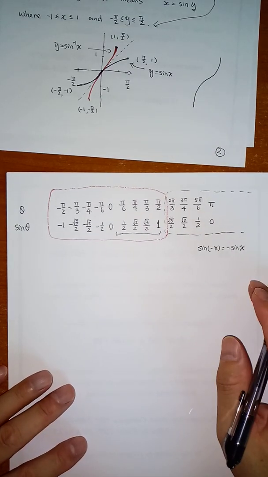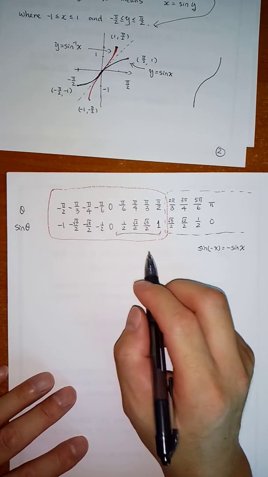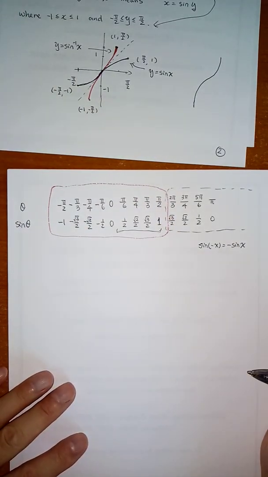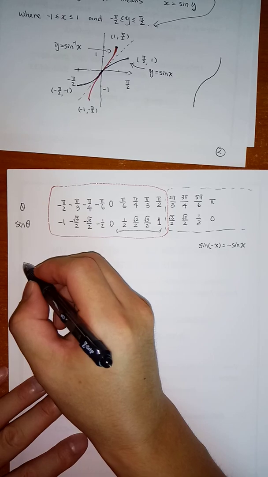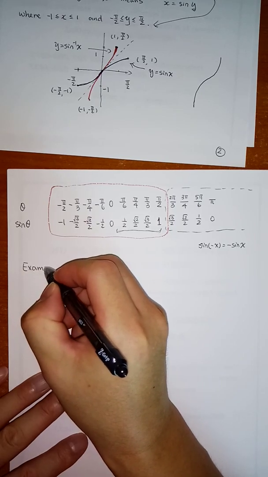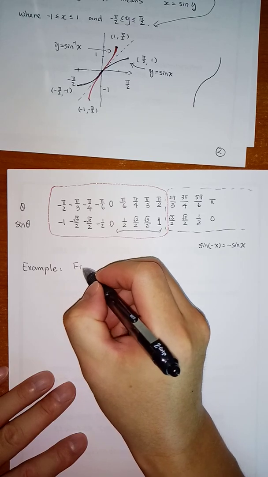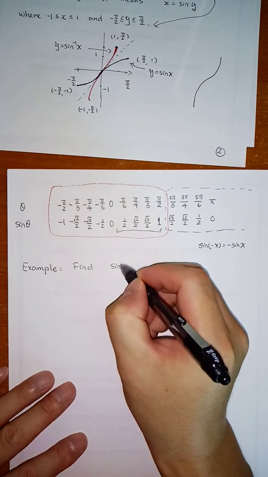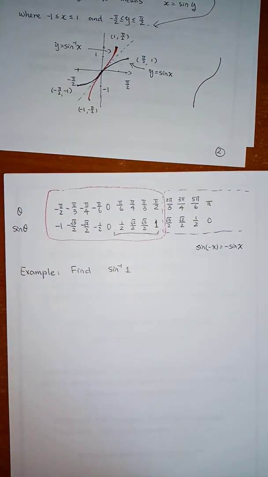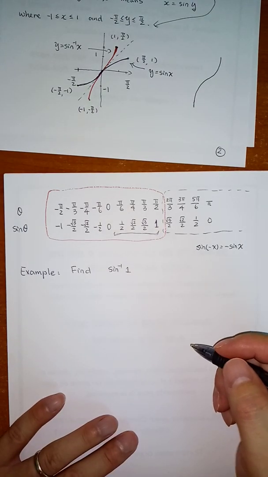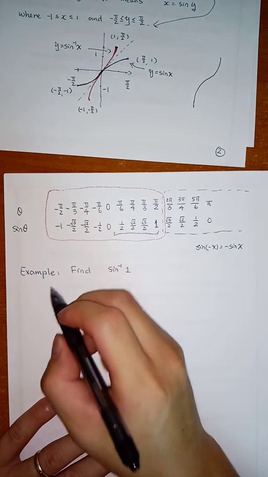So you need to know, or at least keep in mind, this little table. And then let's see the example. Find or evaluate sine inverse of 1. This is an angle.